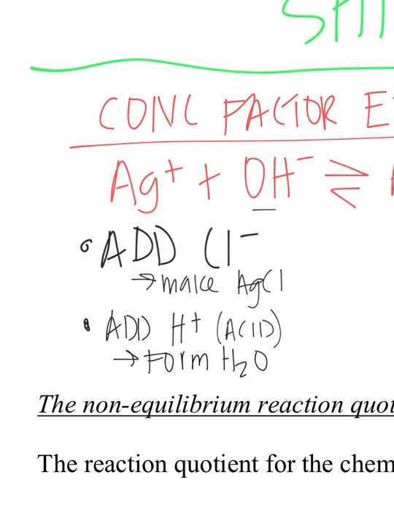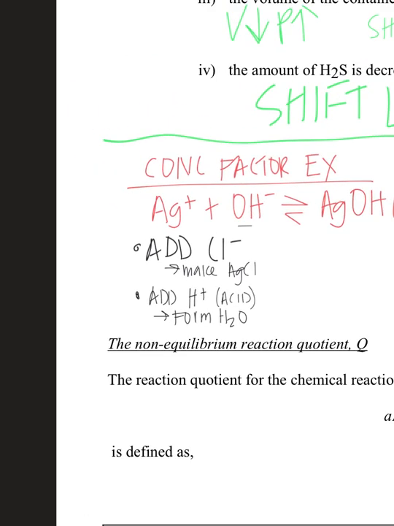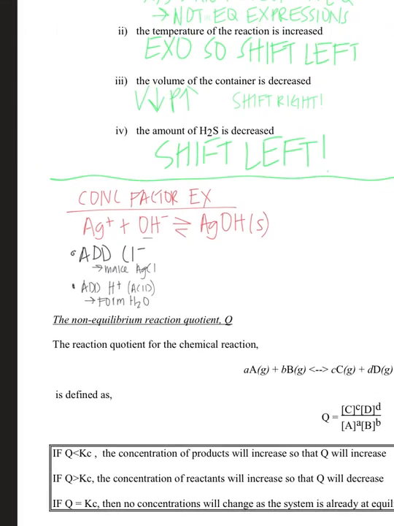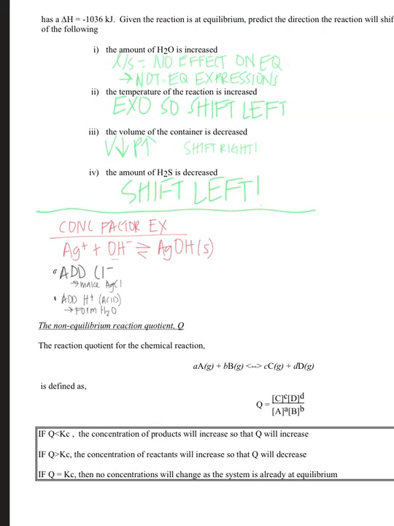So I'm taking the hydroxide out of the equation, so my reaction is going to shift left to counteract that balance. If you were to add something that's not there, it can have no effect, but it also could have an effect. It just depends on what you're adding and how it's going to play into those products and reactants.